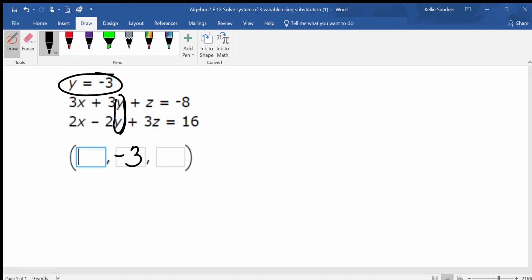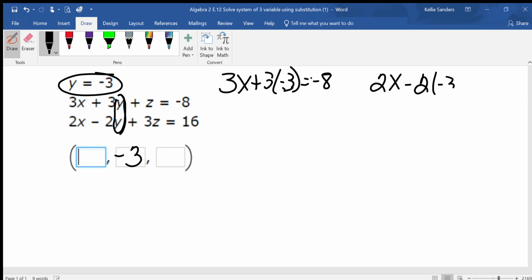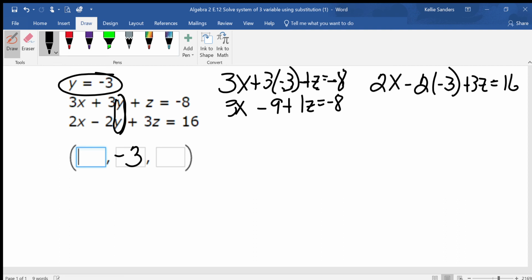I'm going to put the negative 3 into both of these. 3x plus 3 times negative 3 plus z equals negative 8. 3x minus 9 plus 1z equals negative 8.